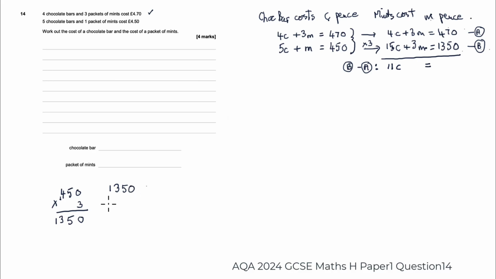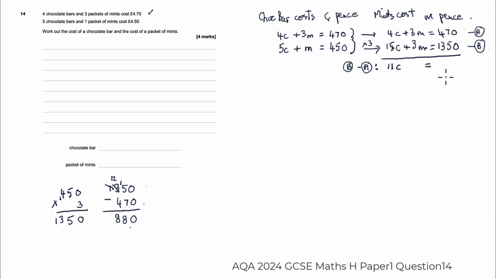1,350 minus 470. So there's a good going subtraction for you. 0 from 0 is 0. 7 from 5. Let's take this and change it to 10 of these. So 7 from 15, that would be 8. 4 from 2, let's take one of these and make that 12. 4 from 12 is 8.